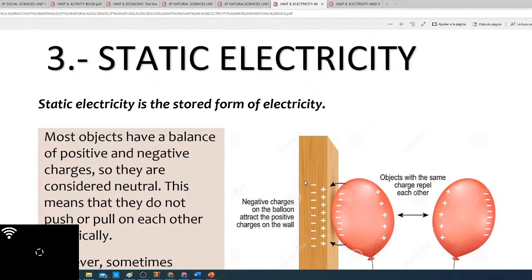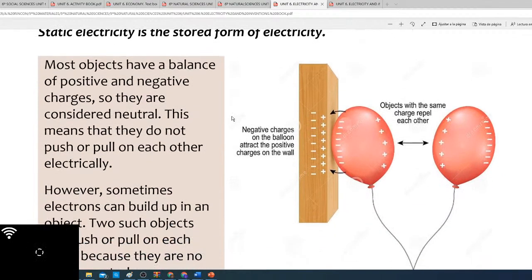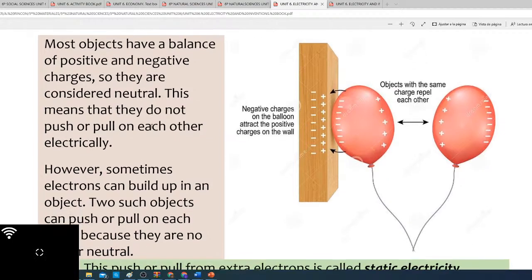You know that. So static electricity is the stored form of electricity. You know that. And in this text you can read most objects have a balance of positive and negative charge, so they are considered neutral. This means that they do not push or pull on each other electrically. Why? Because all matter tends to balance, so all matter is neutral.